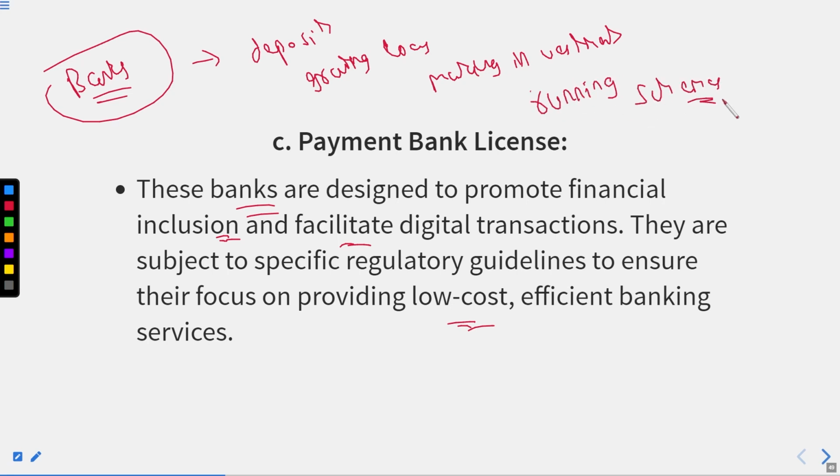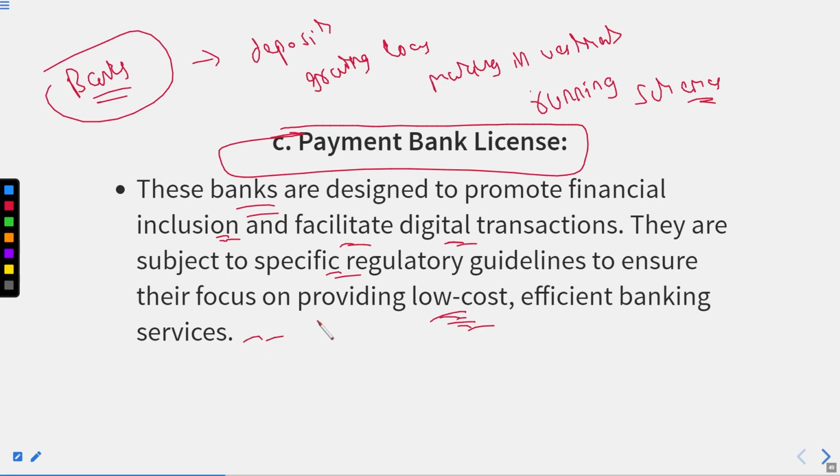In this scenario, payment banks could be a better option for individuals to make their payments and settle their claims. That's why they are designed in a special way to facilitate digital transactions, and why their regulatory guidelines differ from conventional banks, to ensure low cost and efficient banking services.